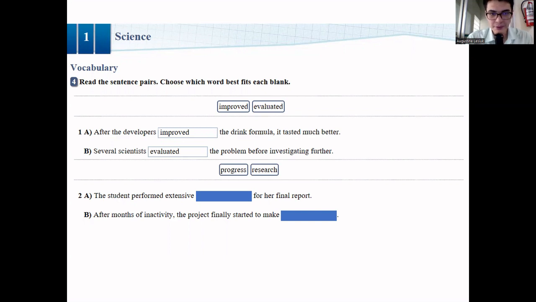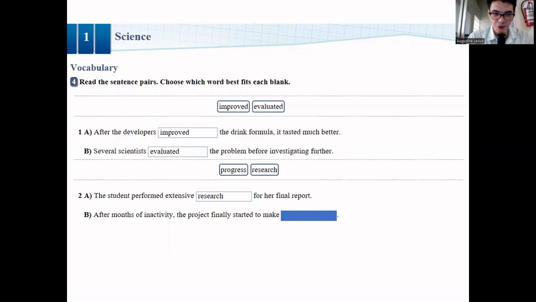All right. For the next one, the student performed extensive blank for her final report. The answer to this one, the student performed extensive research for her final report. So she searched up additional information. She made sure that her data is correct. So that's what it means to research.